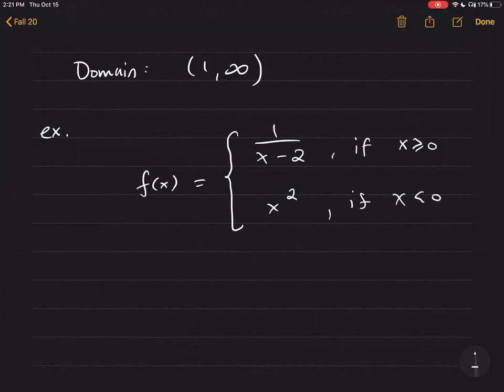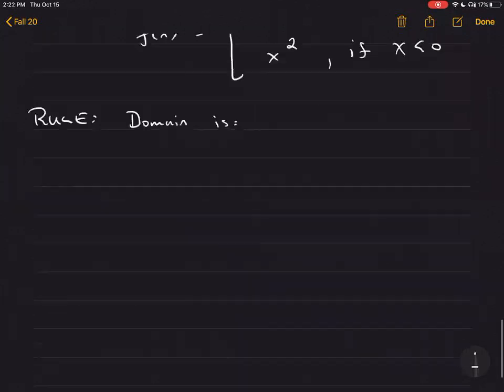So the rule for a piecewise function is that the domain is going to be whatever the domain of the first case is, unioned with the domain of the second case.